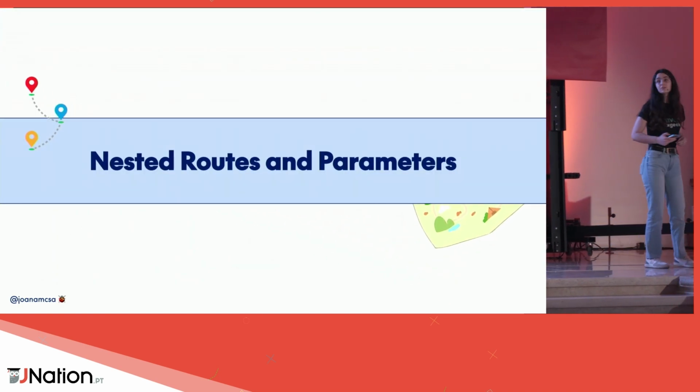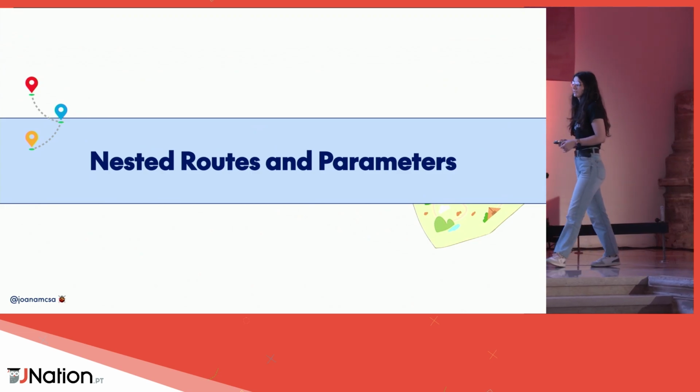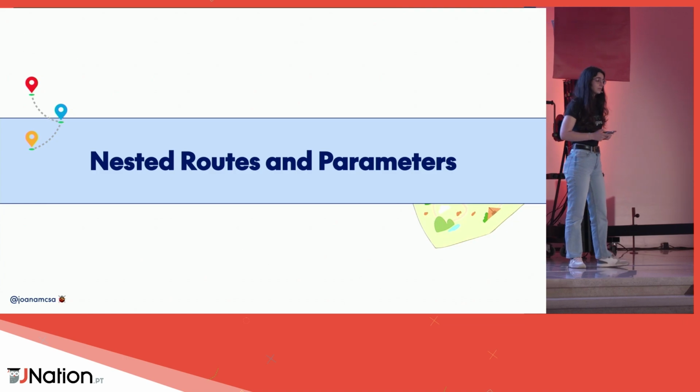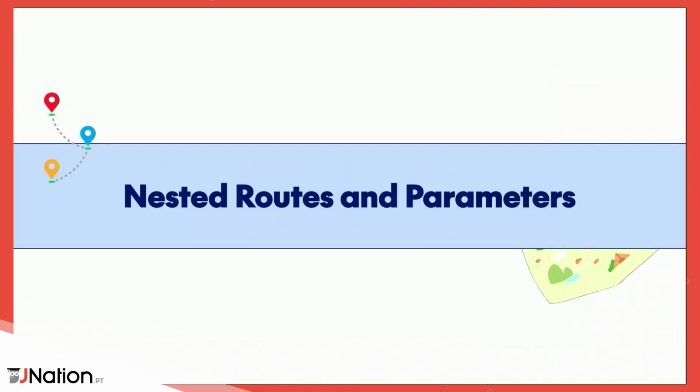Okay, now let's take a look at how we can create routes, nested routes, and parameters. In this presentation, I'm going to use file-based routing, but you can also use code-based routing, although it's not the recommended way. But if you're migrating from another router, it might become handy.